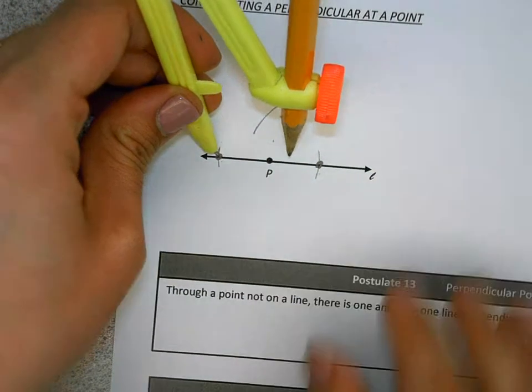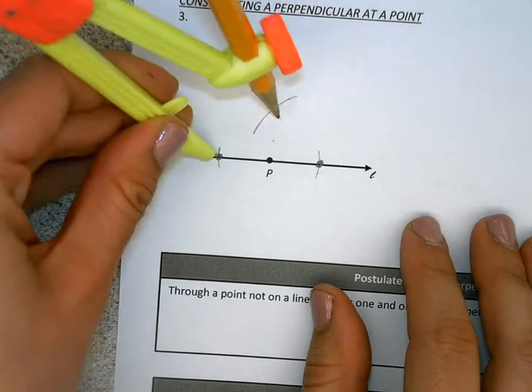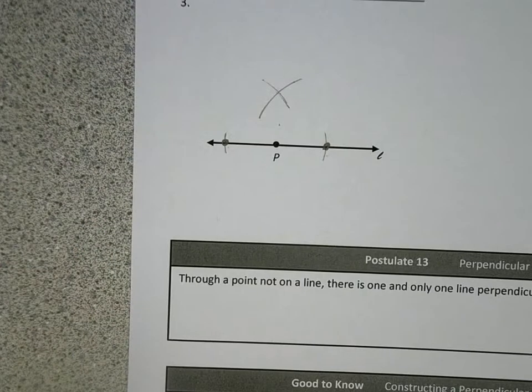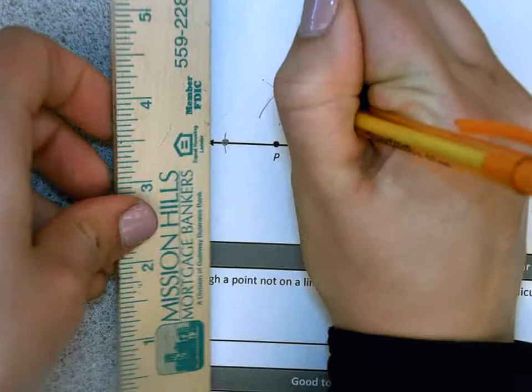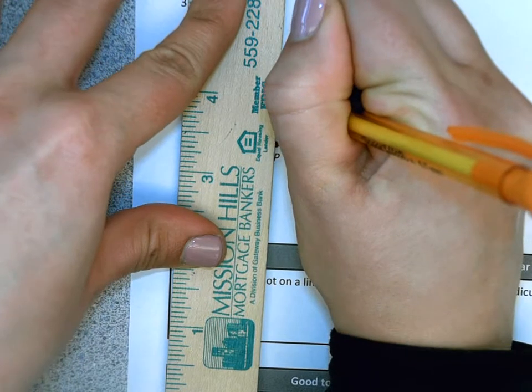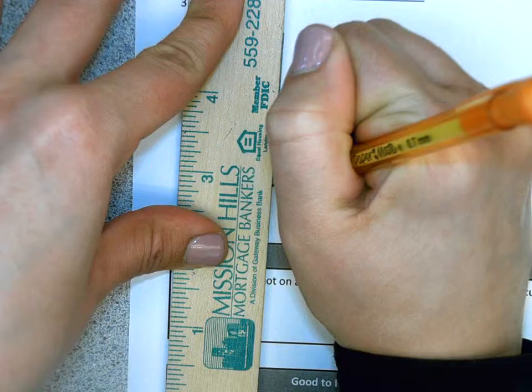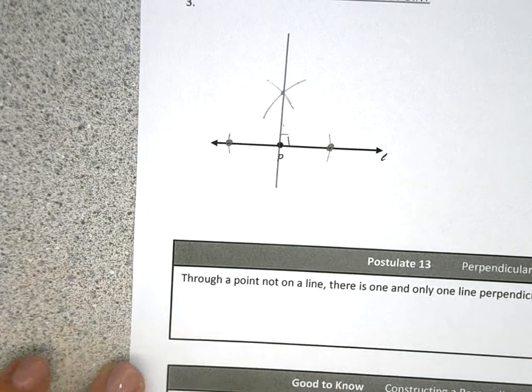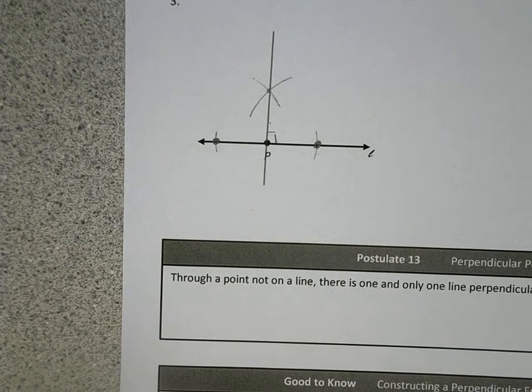Draw an arc above using the other endpoint. Same compass setting. There's your perpendicular. It's exactly the same as the bisector, except that you have to make the endpoints so that you can bisect that segment.